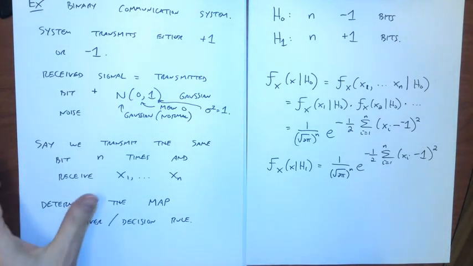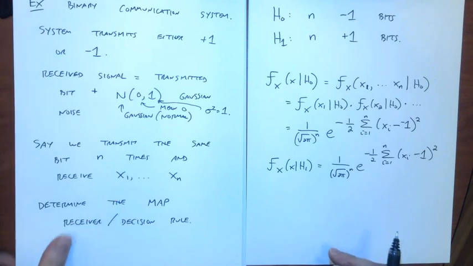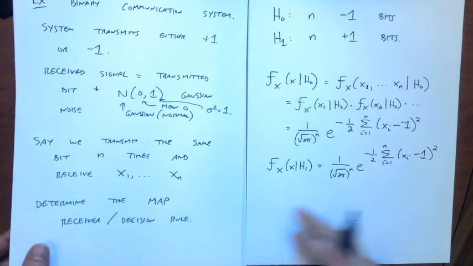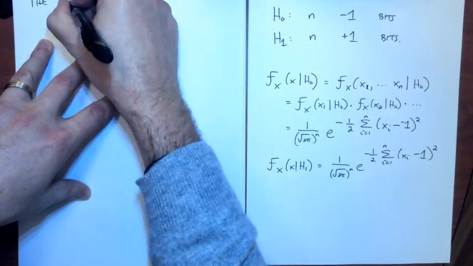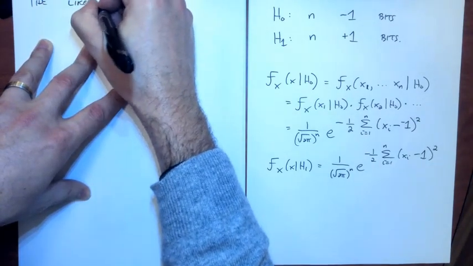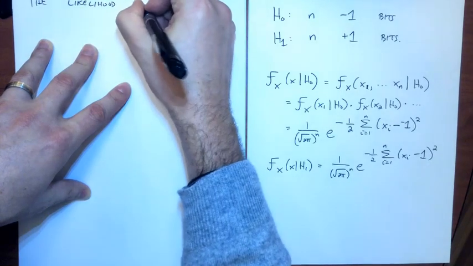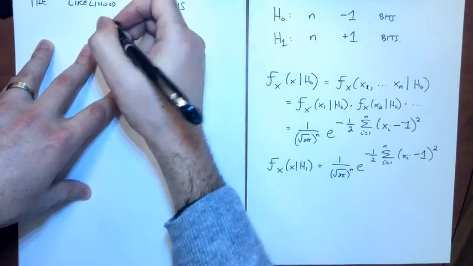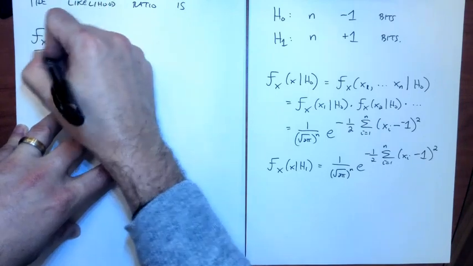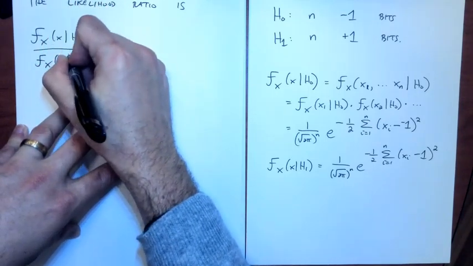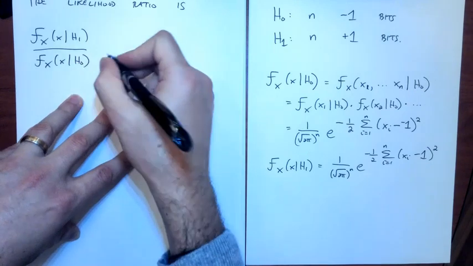And now the Bayesian, the maximum likelihood thing, or I'm sorry, the maximum a posteriori thing to do would be to compute the likelihood ratio, right? So the likelihood ratio is I take this PDF over this PDF.